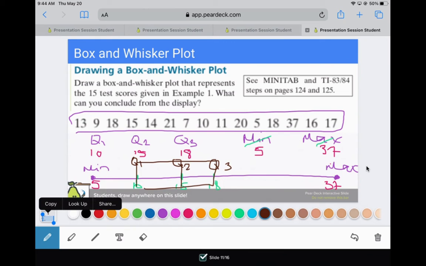The 2 endpoints are my min and max. I label that. Then I grab Q1, Q2, and Q3, and then I make the box from Q1 to Q3, draw that rectangle. Okay, so this is a box and whisker plot. Questions?